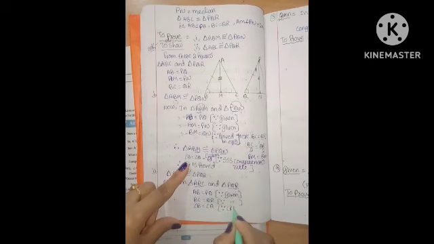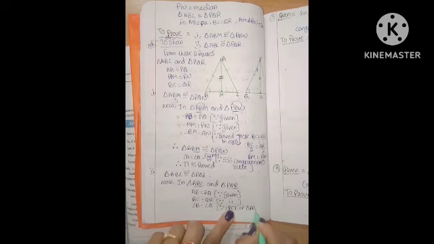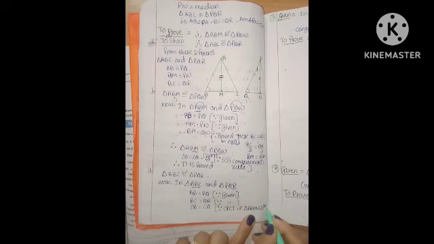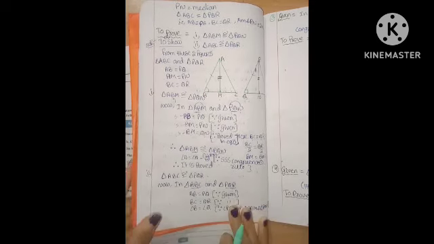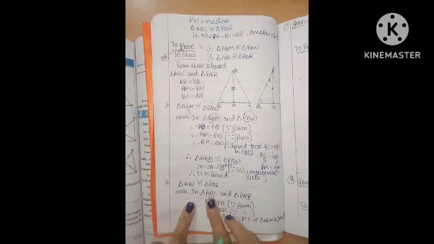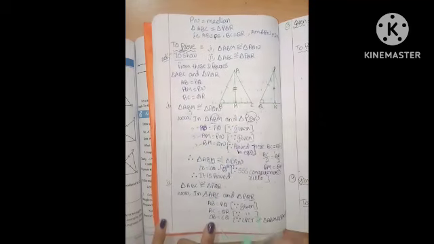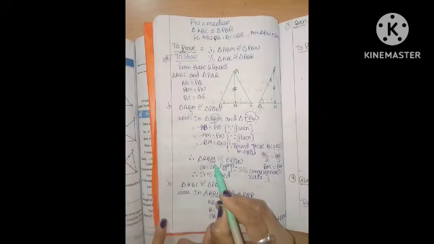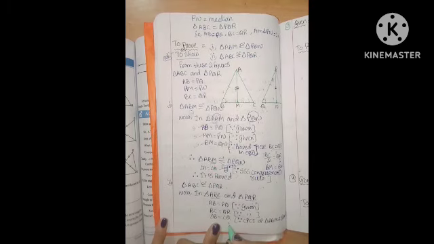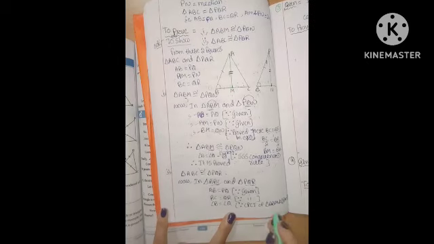Since CPCT of triangle ABM and triangle PQN. In these two triangles, nothing else is given. So here angle B is equal to angle Q, since CPCT of triangles ABM and PQN.